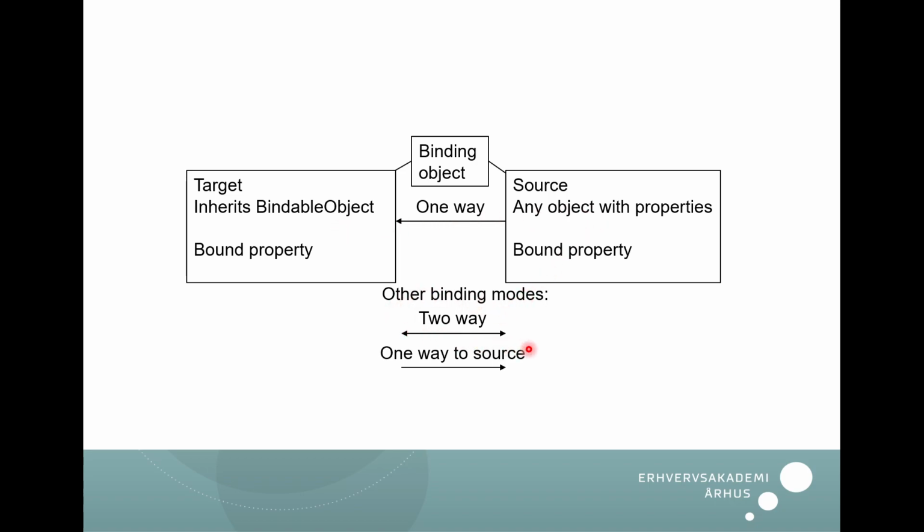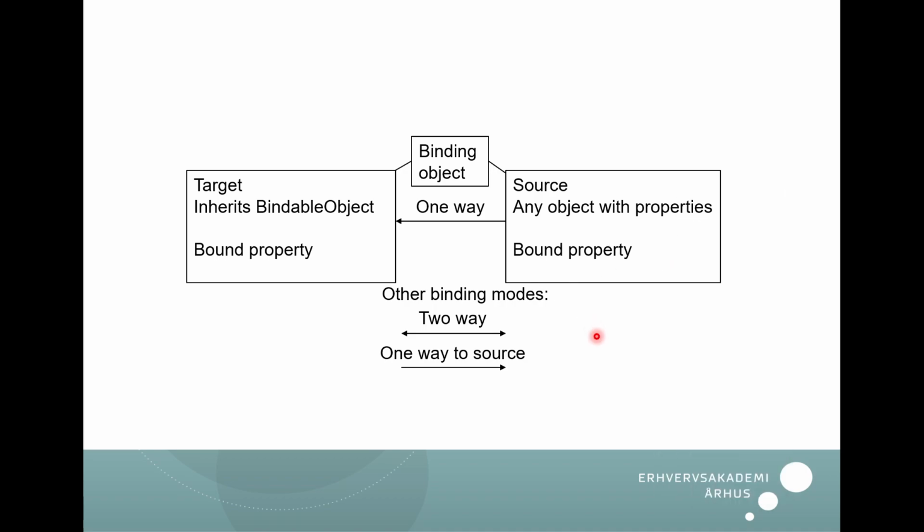You can have two-way also, and as you saw in my example, it must have been two-way because the source was displayed and changes to the target reflect in the source. So it should be two-way. You can also have it one-way to source if you don't want to show the object, but still, if the user types something, it should be reflected in the source. And there'll always be a default.